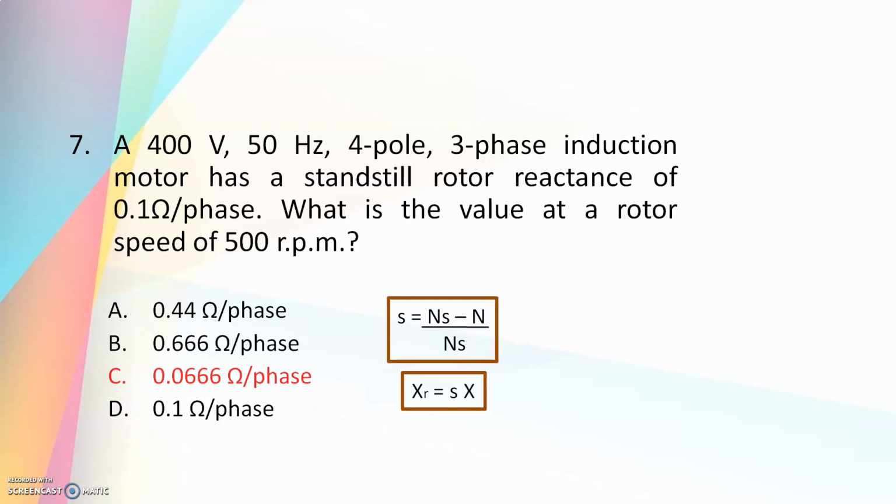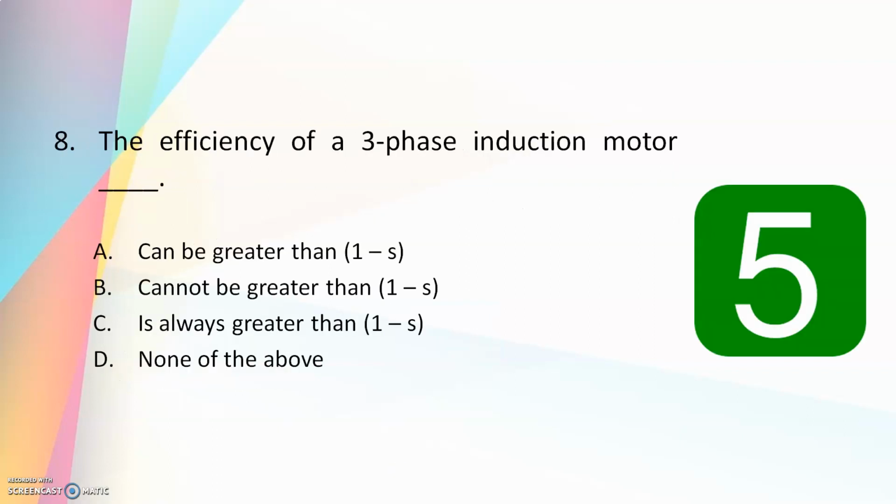The rotor reactance under running condition is slip times the standstill reactance. So here you have to find the value of the slip using the equation (ns minus n) by ns and substitute in the equations, and you will obtain 0.0666 ohm per phase.